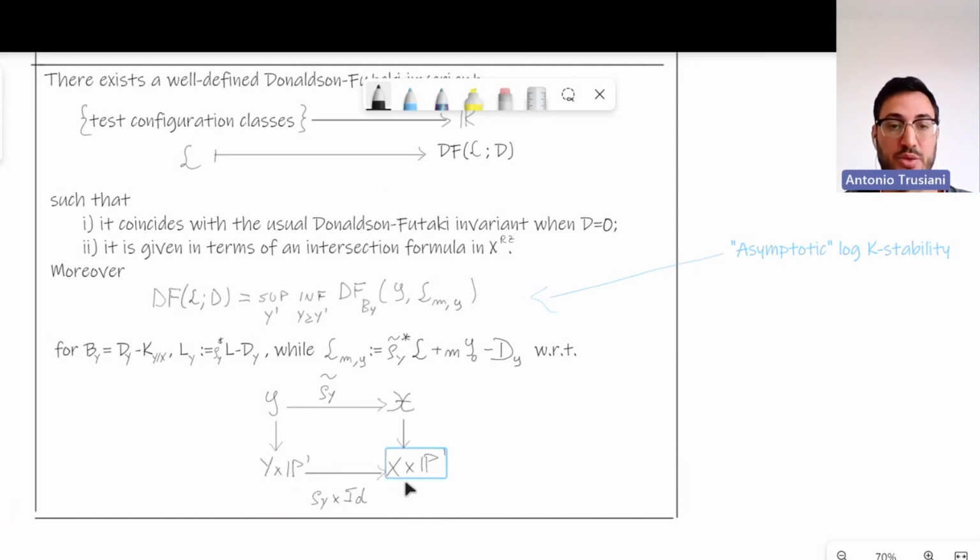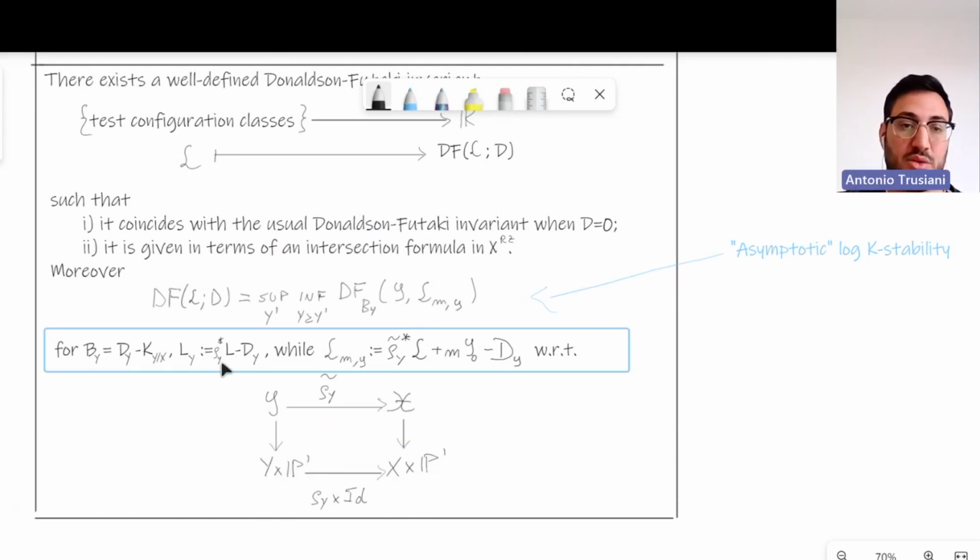When you pull back L, you must remove the divisor D_Y. So you have this divisor, this line bundle L_Y that a priori is just an F. And we have also this boundary that is given by D_Y minus K_Y over X, the anti-canonical relative bundle.